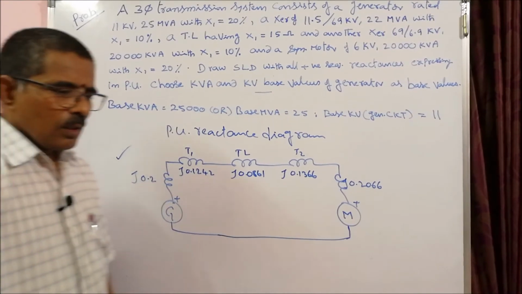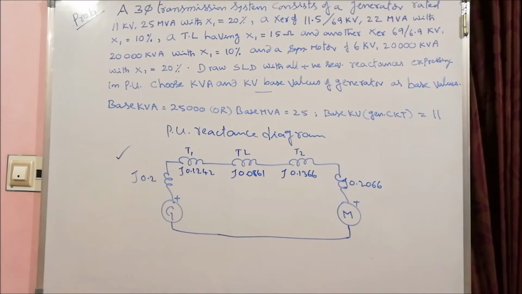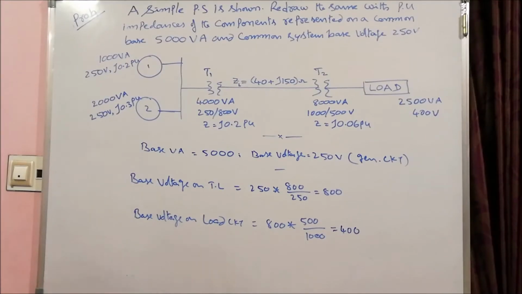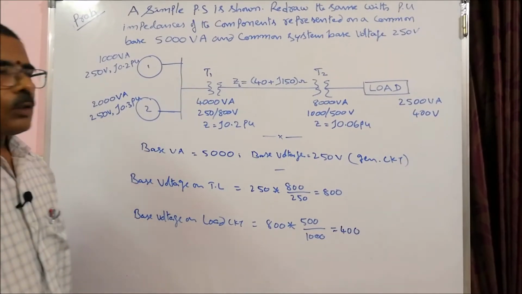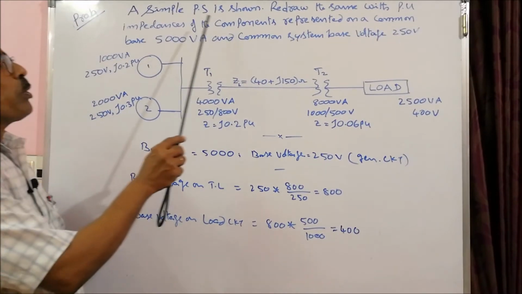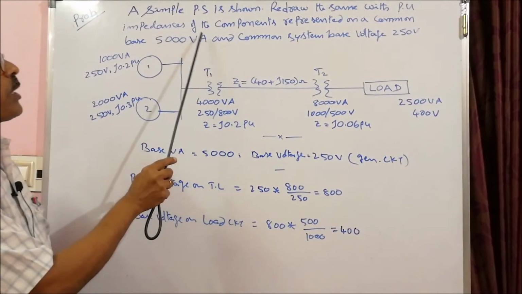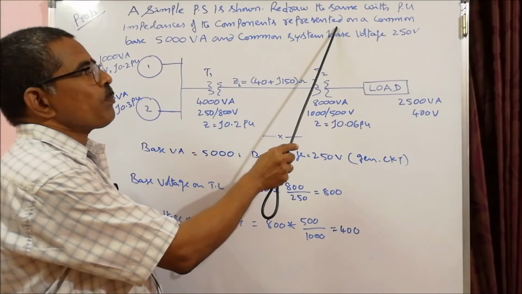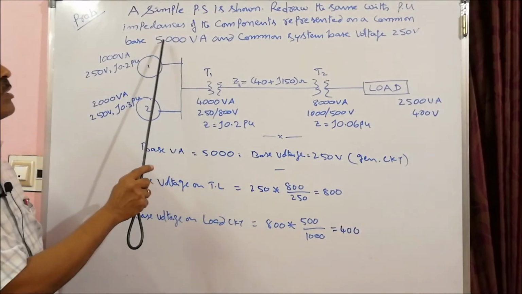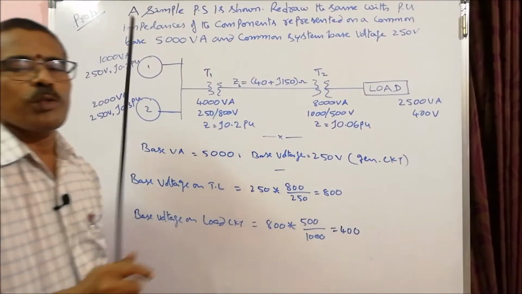Okay, so let us take up one more problem. All of you please observe this problem. A simple power system is shown. Redraw the same with per unit impedances of the components represented on a common base of 5000 volt amperes and common system base voltage of 250 volts.